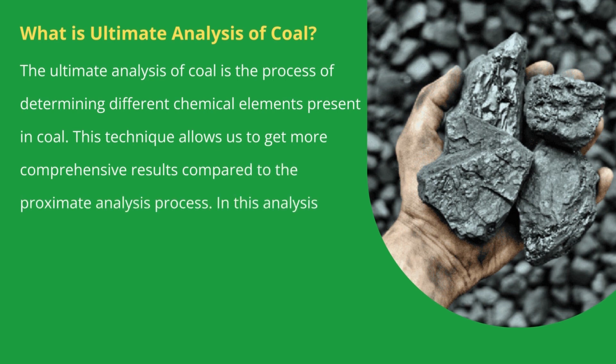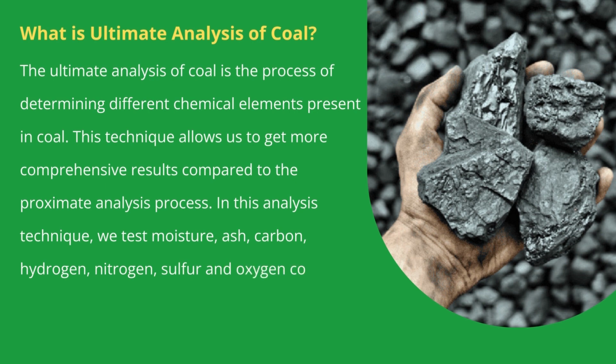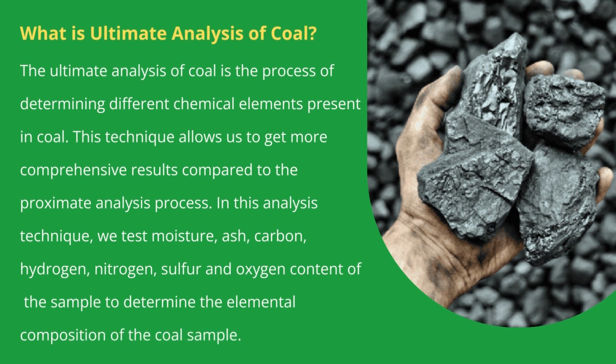In this analysis technique, we test moisture, ash, carbon, hydrogen, nitrogen, sulfur and oxygen content of the sample to determine the elemental composition of the coal sample. Therefore, each and every chemical element in the sample is analyzed through chemical routes and then we can express the contents as percentage with respect to total mass of the sample.